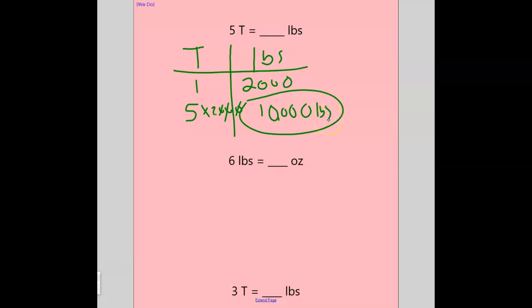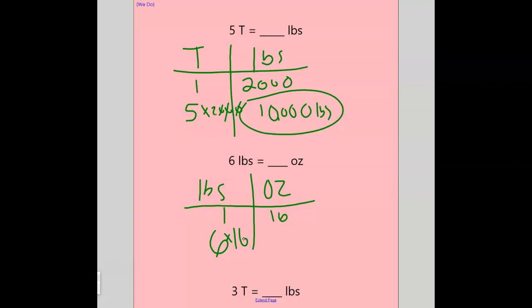6 pounds to ounces. So we're switching from pounds to ounces. How many ounces in 1 pound? Good, 16. So now to find 6 pounds, we have to do what? Multiply it by 16. Fantastic. Go ahead and try to solve for that and see what you get.